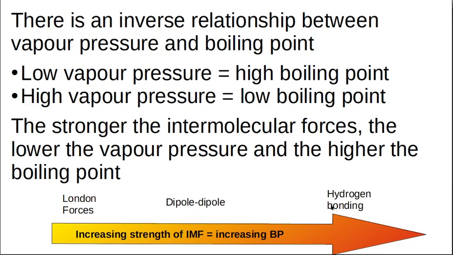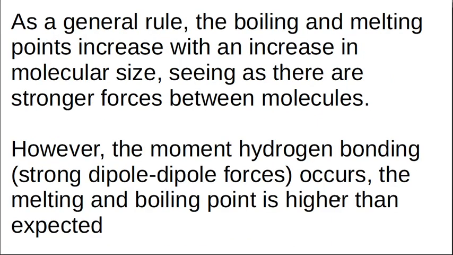These are slightly stronger, and hydrogen bonding, which is the strongest kind of dipole force, has an increasing boiling point. So something that only has London forces has a low boiling point, and something that has hydrogen bonding has a high boiling point, because all of those opposite charges on the molecules attract each other and cause the molecules to stick more closely together.